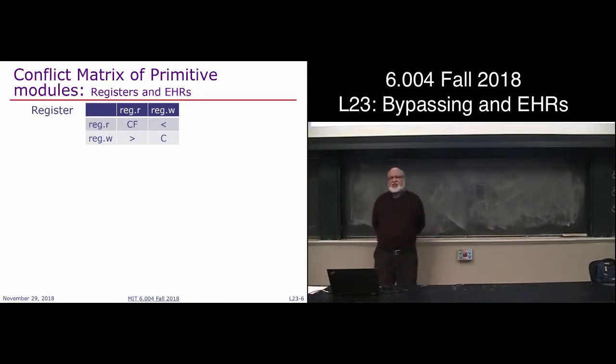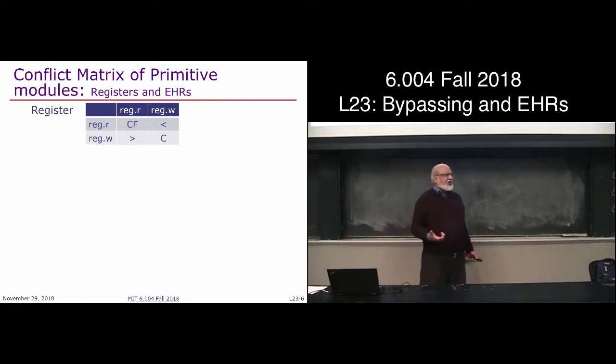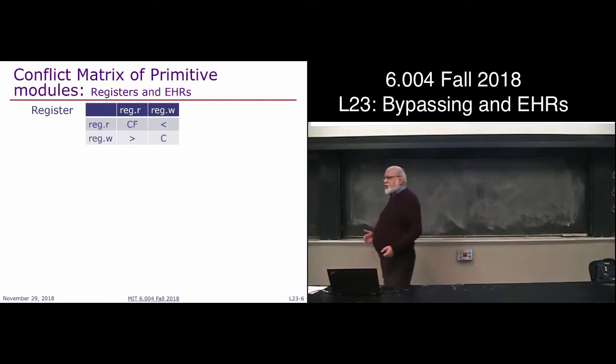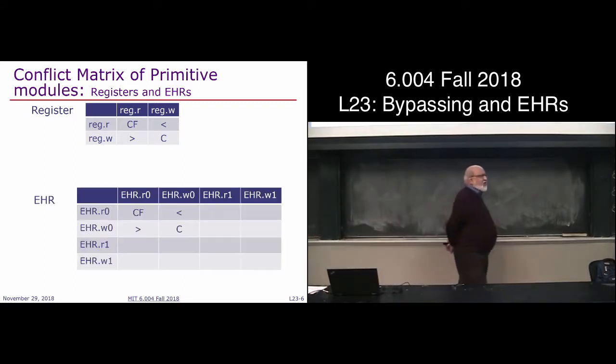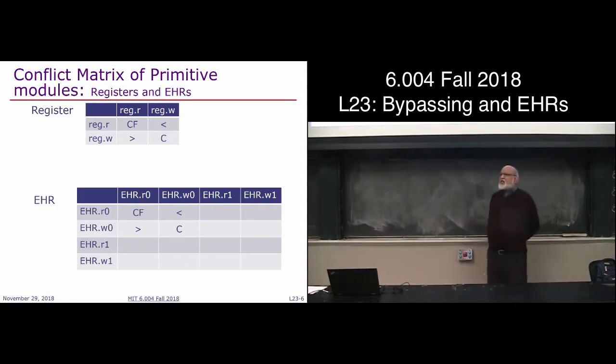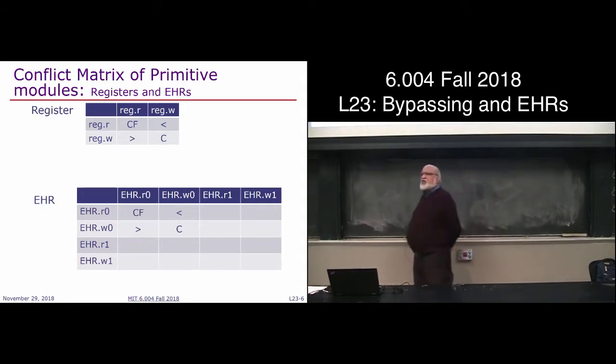Just a reminder, the conflict matrix for a register was simply that 2 reads, of course, don't conflict with each other, and 2 writes into the same register, of course, conflict with each other. But if you do them simultaneously, it looks like the register read happened before the write. So that's what is captured in this. And now based on this, I want to derive the conflict matrix for EHR.